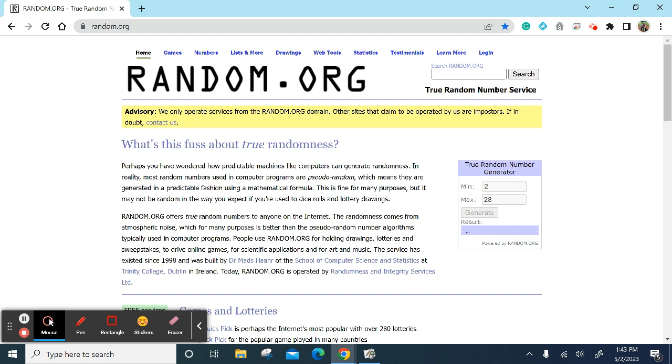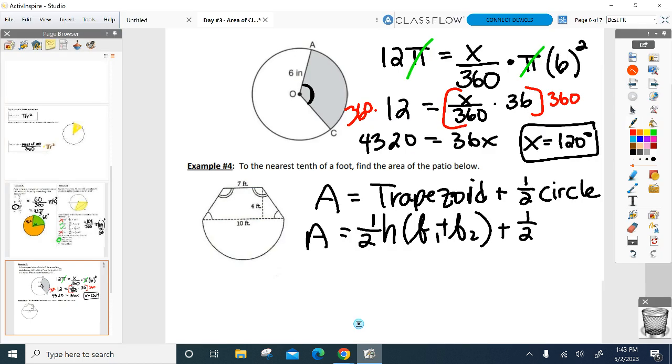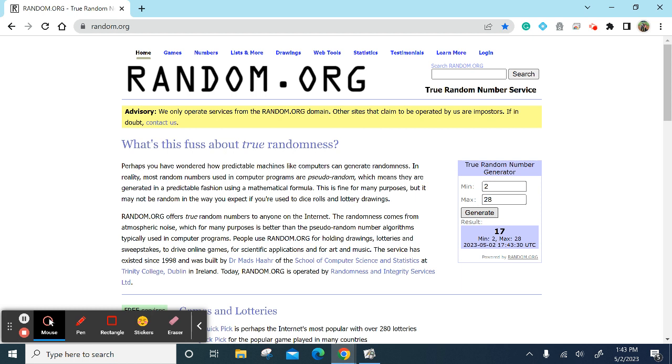Circle formula: there you go, pi r squared. Everything is there for you. There's one small calculation you need to make before plugging everything in. All right, somebody's going to hook me up with the trapezoid values now.